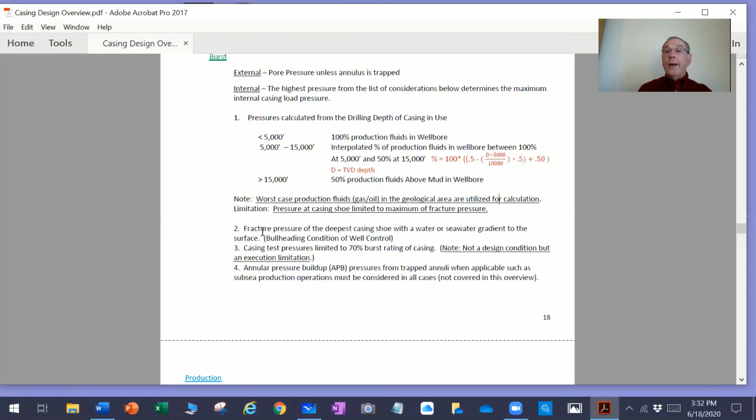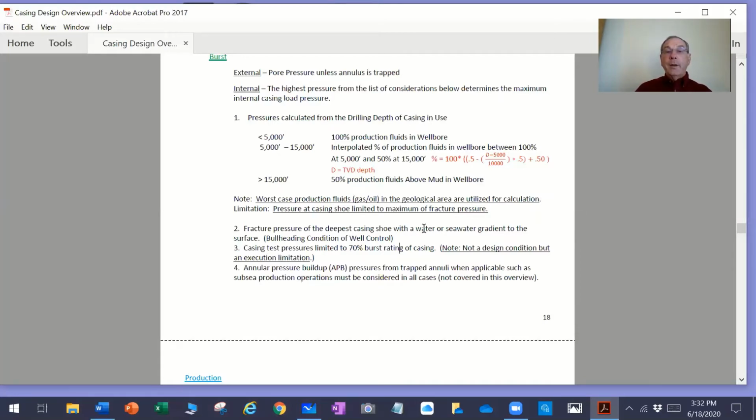Something you can always do to control the well is pump water into the well. So number 2 is the case where you're bullheading available water into your well. If you're offshore, you have seawater. If you're onshore, you have fresh water. So you can bullhead water into the well to control it until you get barite to the rig, or you come up with an alternative well control plan that you're going to implement.